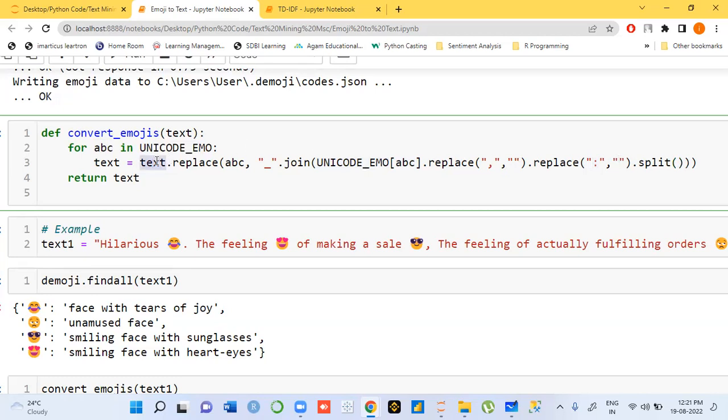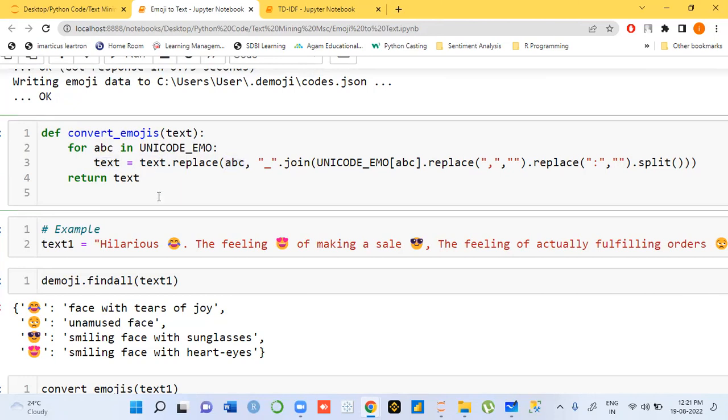See, in the text data, I want to replace from ABC. What do we have in ABC? All the emojis along with their word name. So I'm replacing all the emojis by their word name, assigning it in text, and giving back text.